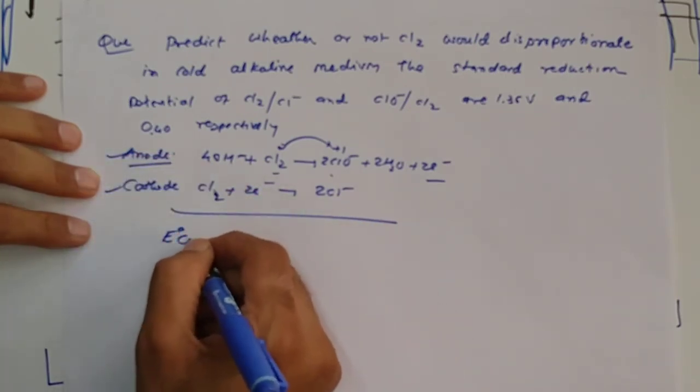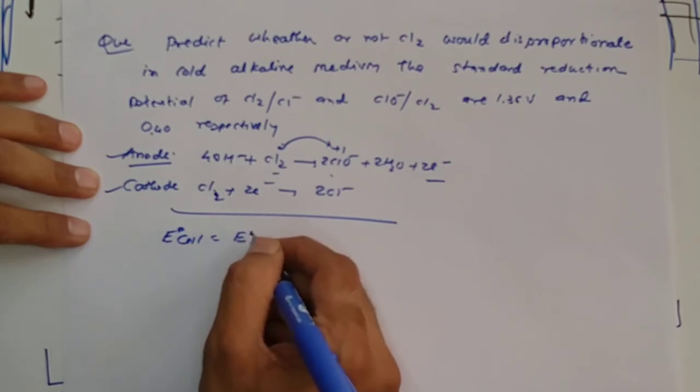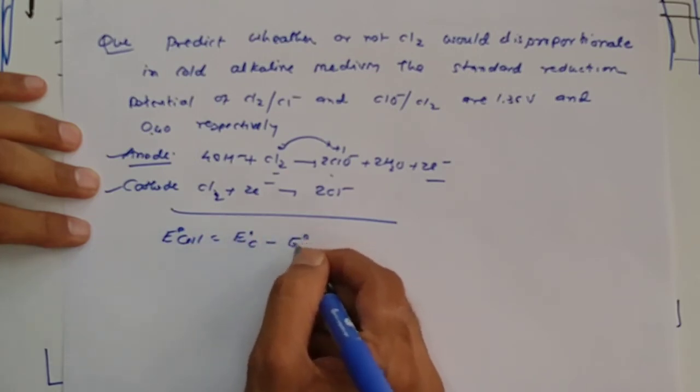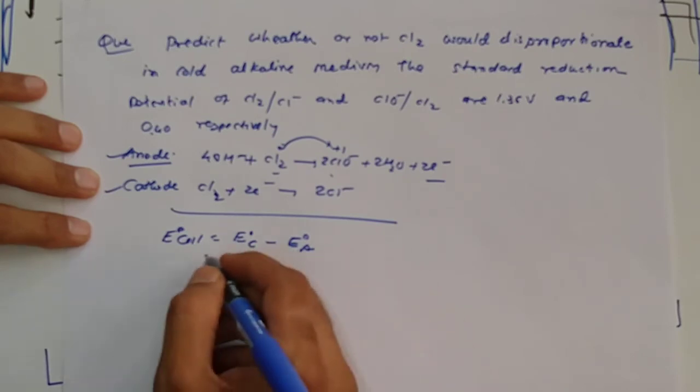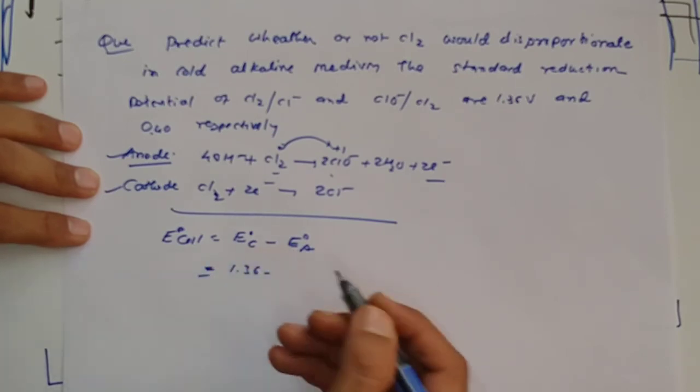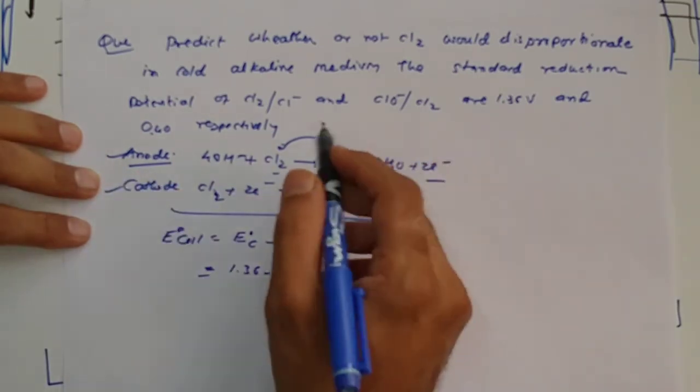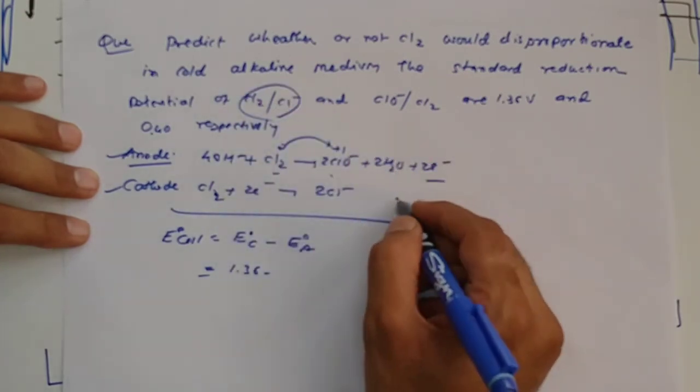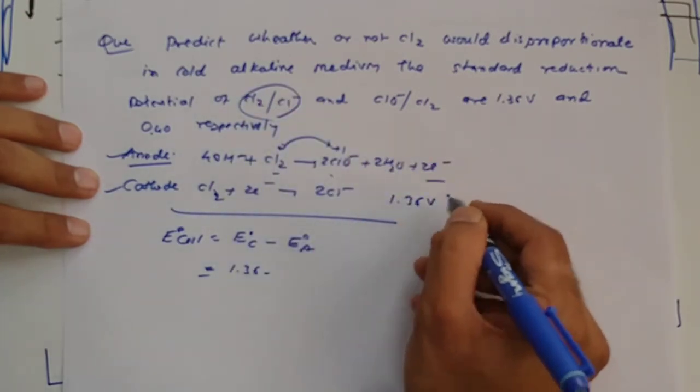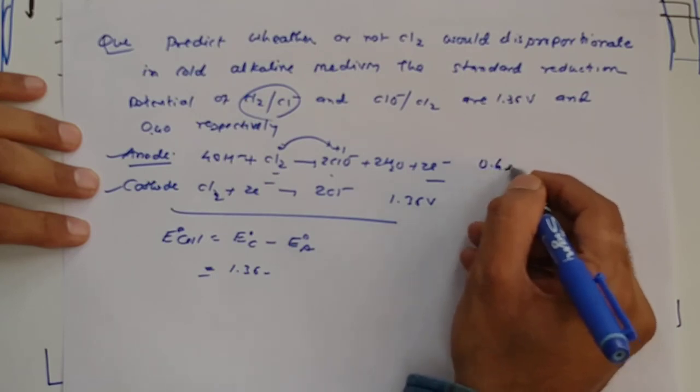E degree cell is the reduction potential of cathode minus the reduction potential of anode. Cl2 to Cl minus is 1.36, and here 0.40.